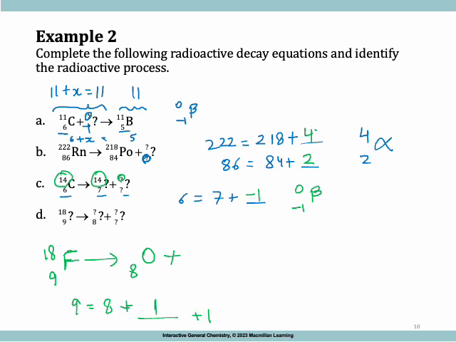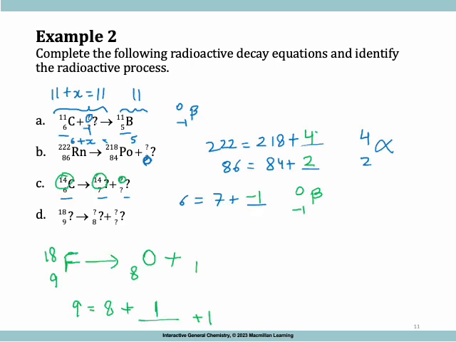So this should be 1, which means it's a positive 1, and we only know one particle which has a positive 1, which is a positron. I know what positrons are, mass of 0, which means I figured this out. So I can now solve for the superscripts.